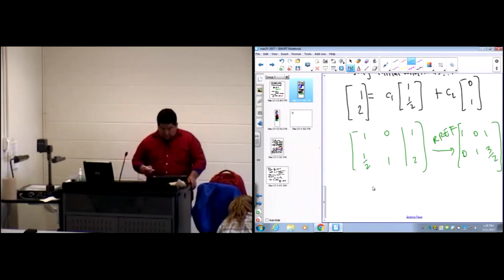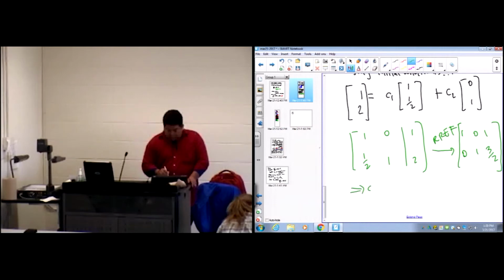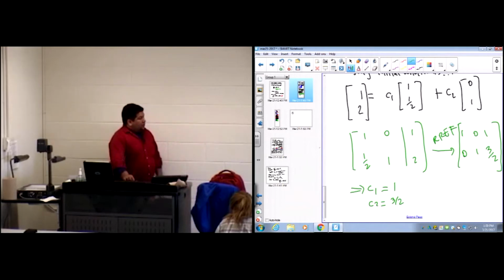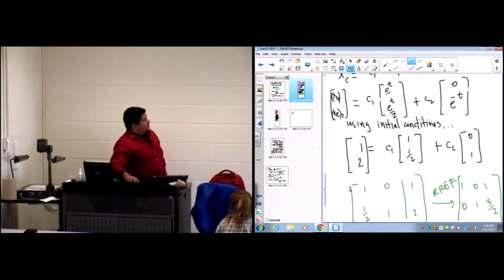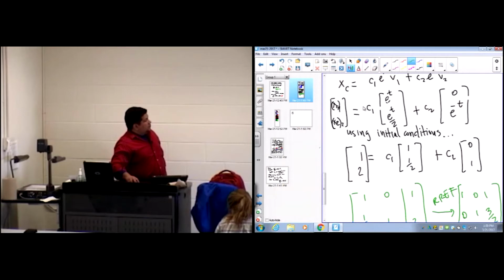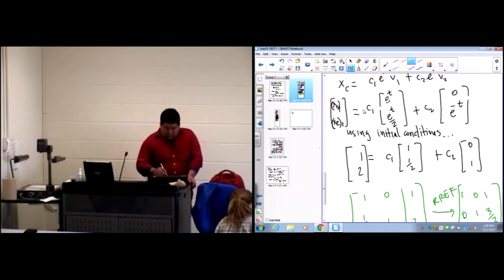So this implies that c1 equals 1 and c2 equals 3/2. So in other words, we can go back and write the solution with coefficients 1 and 3/2. Here for c1 we would write the number 1, and here for c2 we would write 3/2.